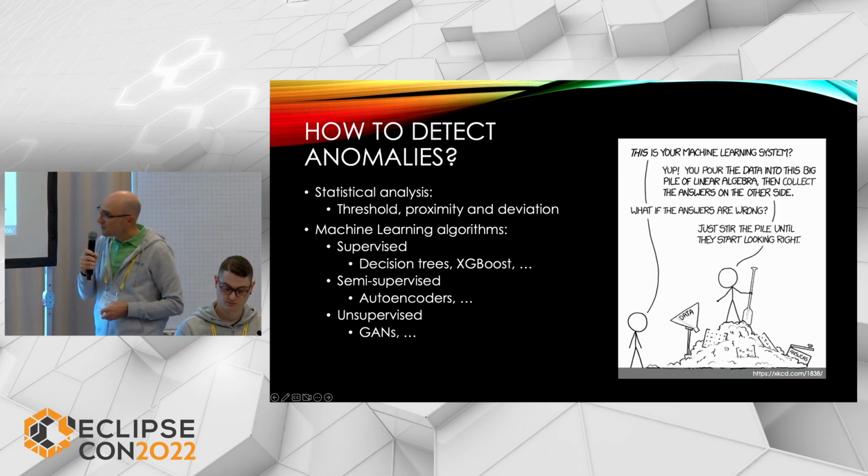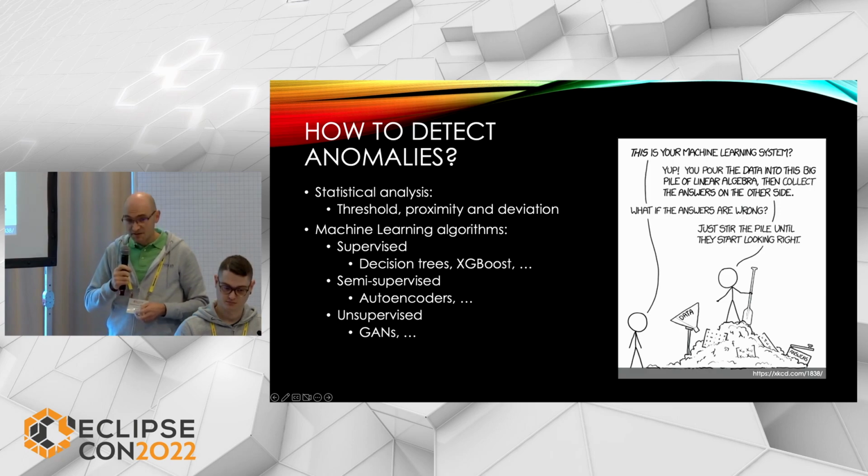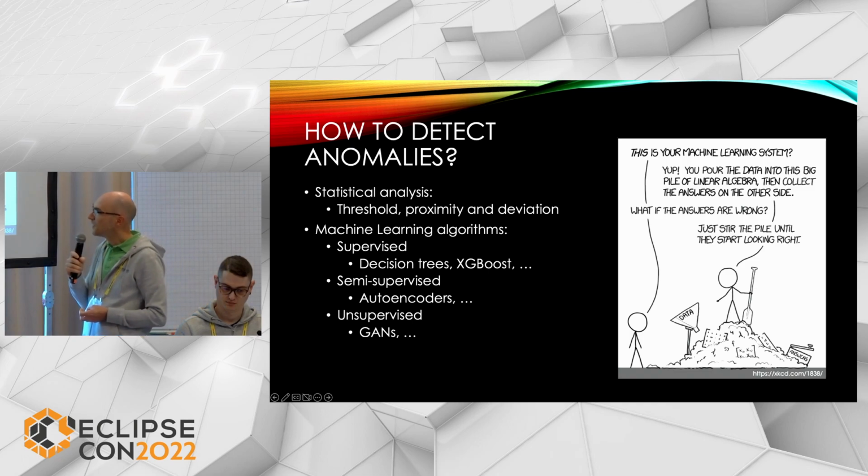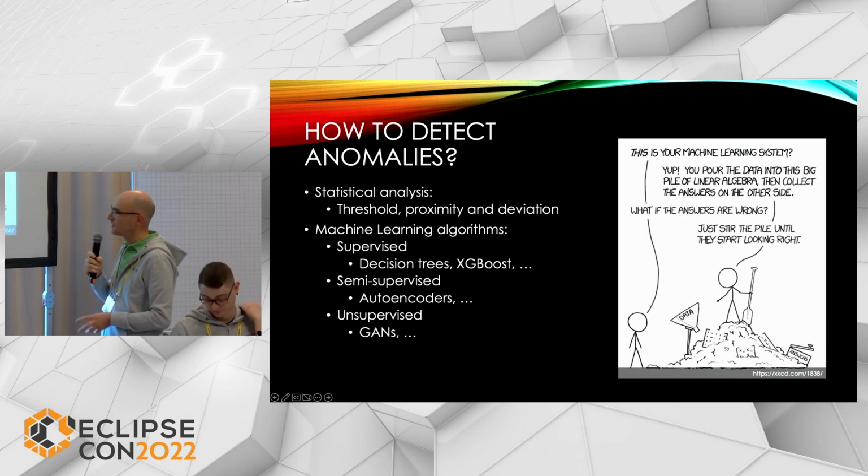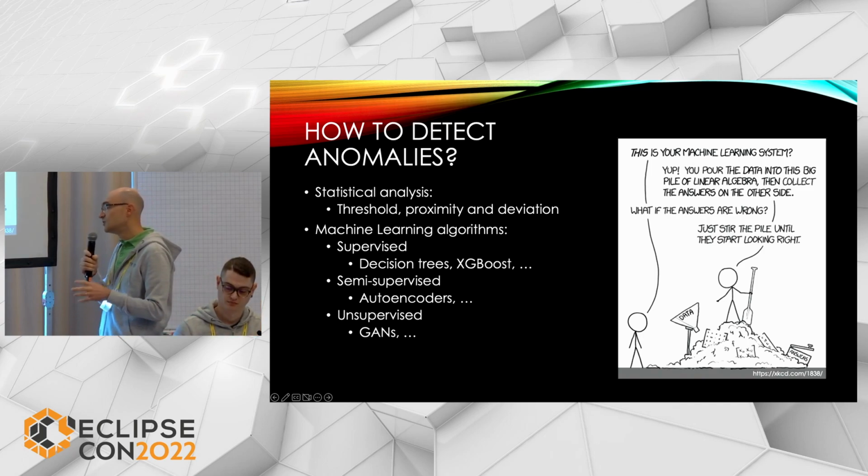Typically, there are a lot of algorithms and ways that can be used for detecting anomalies. The classical ones are based on statistical analysis, but in the last years, machine learning has been used successfully for detecting anomalies. Today we will focus on a specific type, the autoencoder, a semi-supervised network that can be successfully used for detecting anomalies in different applications.